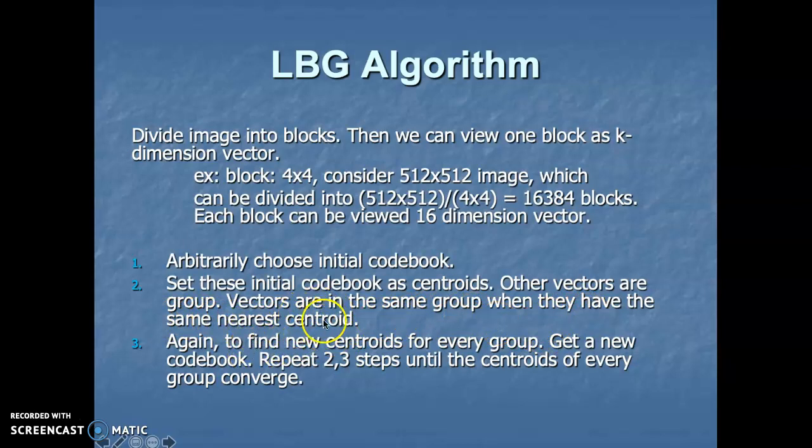The centroid is what will change from one iteration to another. Then find a new centroid for every group to get a new codebook. Repeat steps 2 and 3 until the centroid of every group converges.